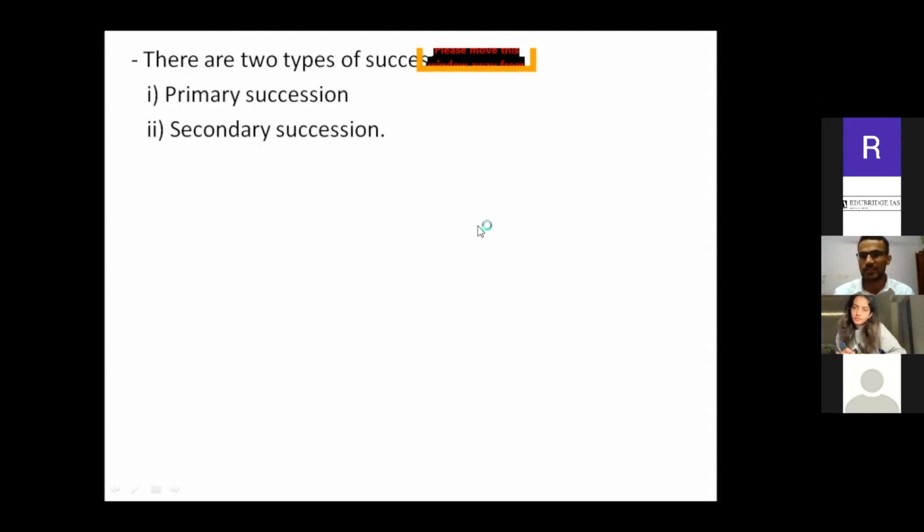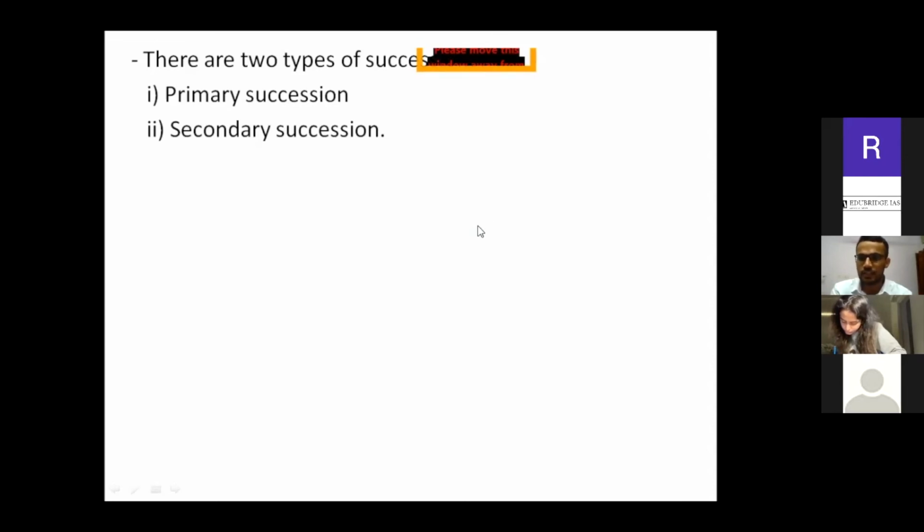We have not discussed that particular word, but still you write, because once we are done with primary succession, we will discuss that word. Fine. So next point you can write, new niche opportunities are created, N-I-C-H-E.